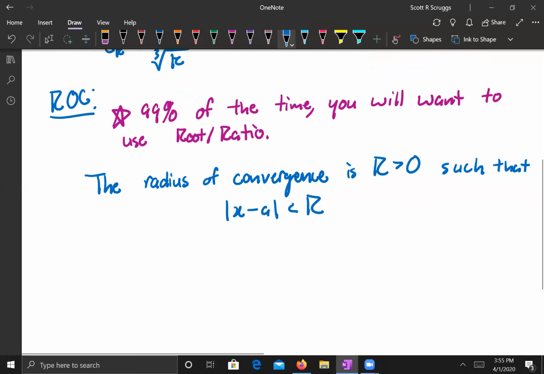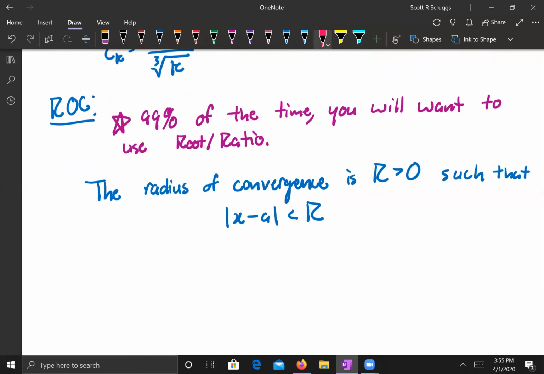And the reason why it's called the radius of convergence is that it tells me where my power series is convergent.